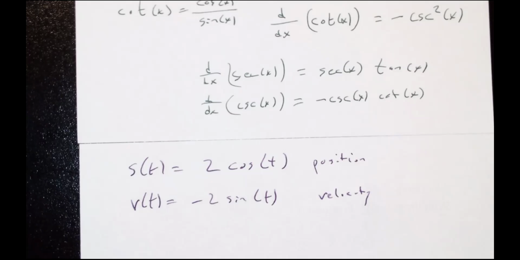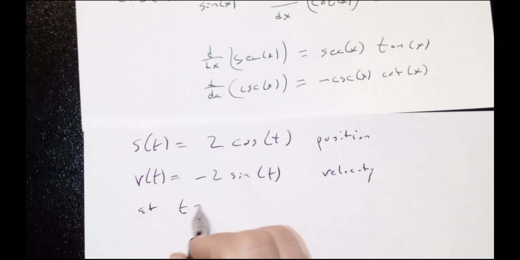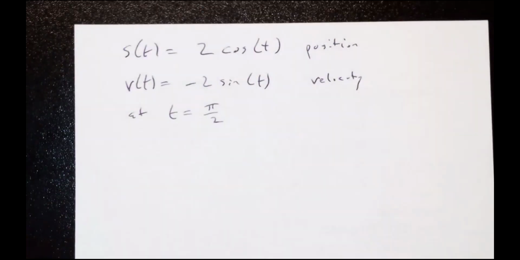But we're moving that way, because our velocity is negative. After 1.57 seconds, time is pi over 2 now.